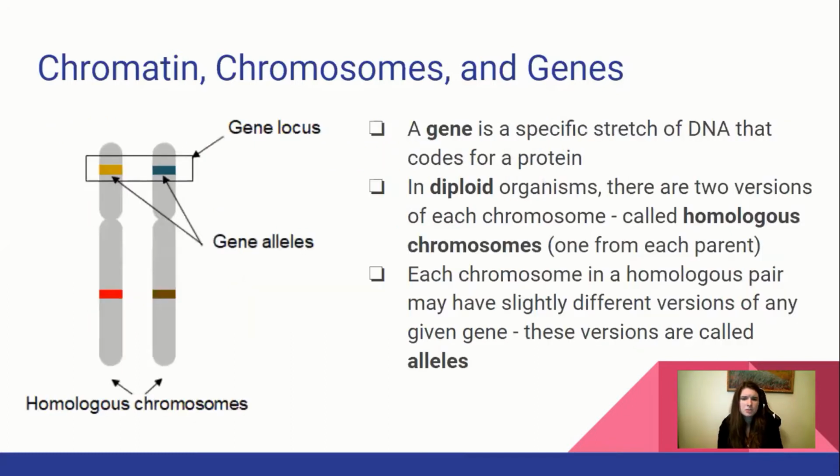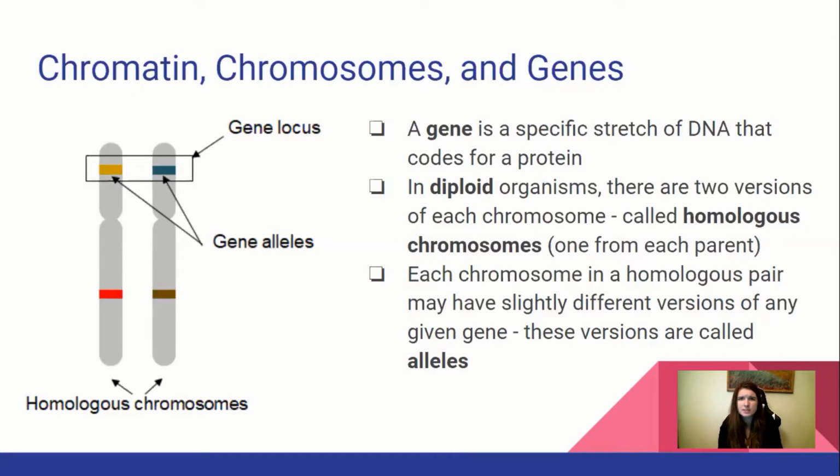Okay, so usually when you're talking about genetics though, you're thinking about genes. So genes are a specific part of DNA, a specific piece of it that's going to code for a trait. And the way it codes for a trait is by coding for a specific protein.